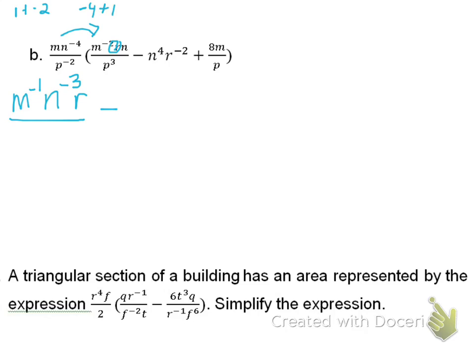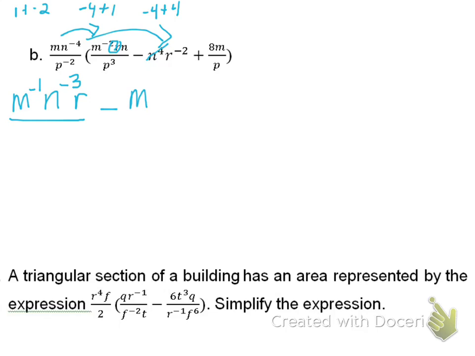Okay, for the second one, there aren't any m's to add to this one, so it's just the m. N's, we have negative 4 plus 4, which is going to be 0. So that's going to cancel out the n's. There aren't any n's left.